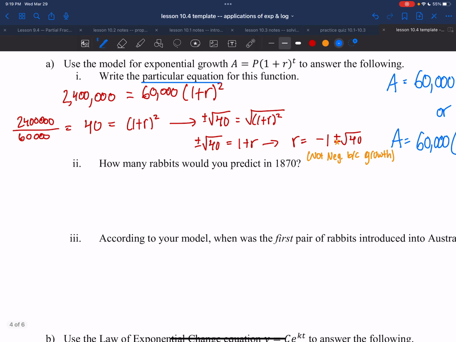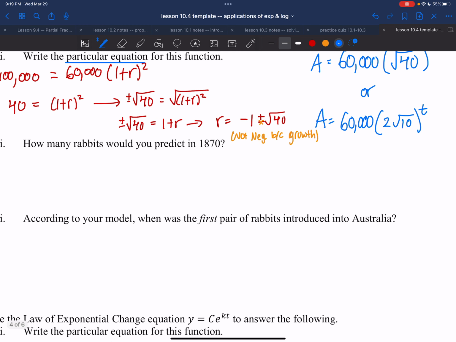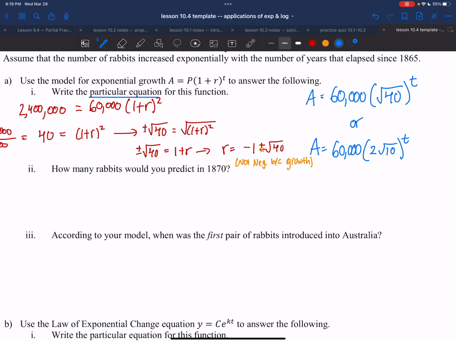Okay. So let's see, how many rabbits would we predict in 1870? Well, the final amount is 60,000 times square root 40. You can use 2 root 10. Those are literally the same thing, okay? I don't care. Square root 40 is less to type into a calculator. To the power of t.